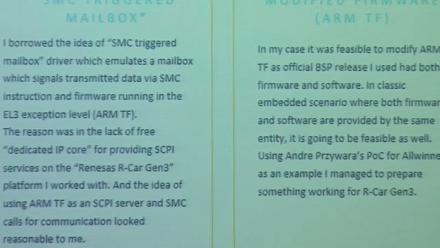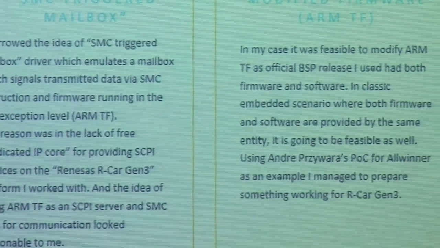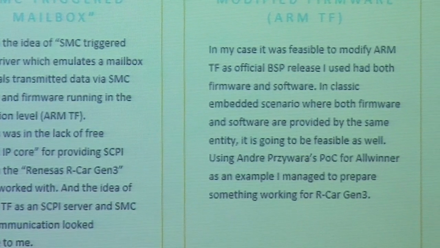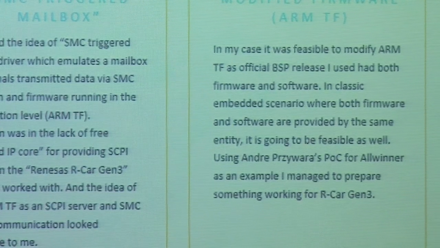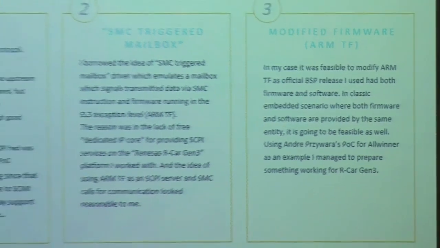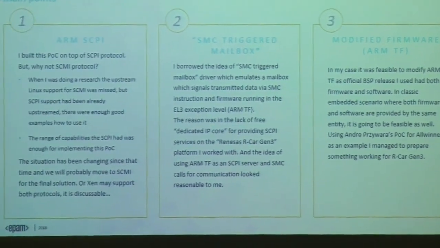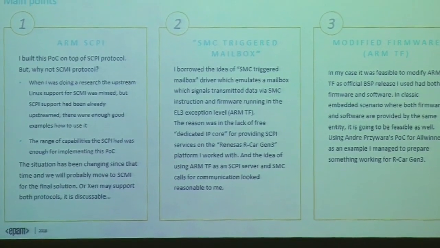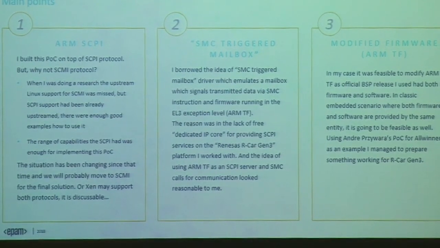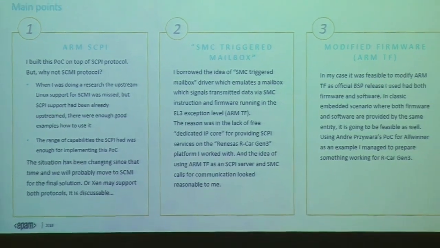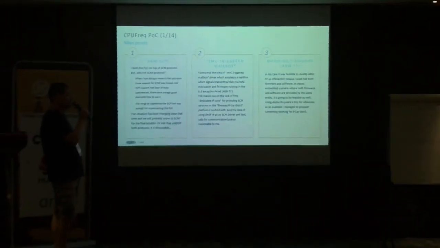Next, the SMC triggered mailbox. I borrowed the idea of the SMC triggered mailbox driver, which emulates a mailbox that signals transmitted data via an SMC call. The reason was the lack of a dedicated IP core on the platform I worked with, and this idea looked reasonable to me.